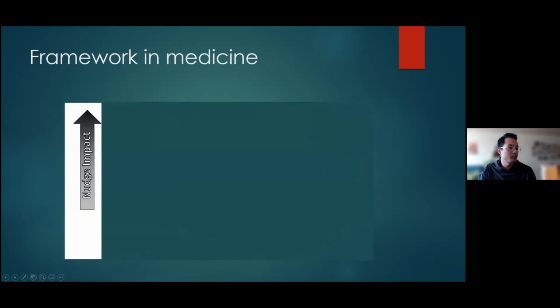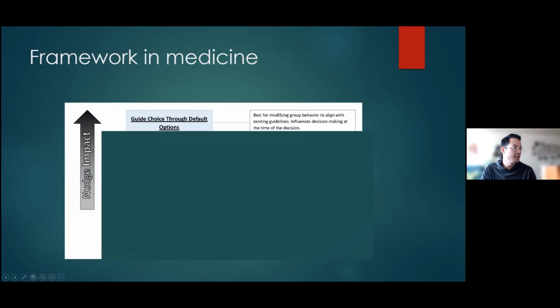There's a framework used in medicine frequently to figure out how much of an impact the nudge we're giving to patients, physicians or staff will have. The one with the largest impact is default options, so making people opt out.